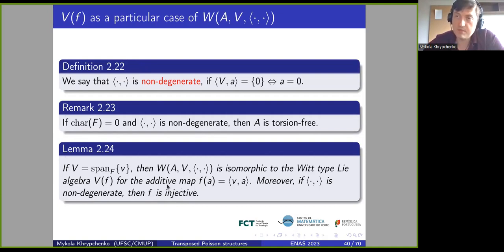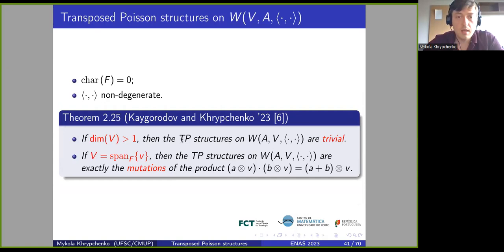And in the additive case, we know that everything is simple, so the description of TP structures is simple. And in fact, when the dimension of the vector space is greater than 1, it turns out that the TP structures are trivial. And if the dimension is 1, we are in the case considered above.